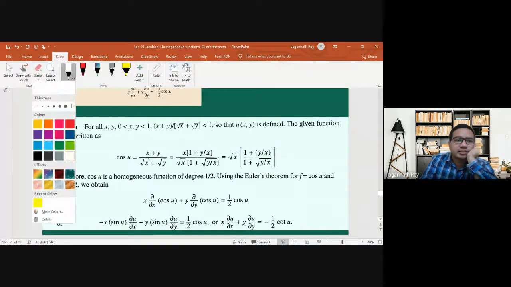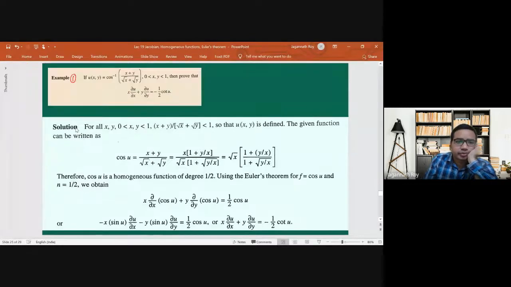We can write this function for all x, y with x, y greater than 0 and less than 1, in the open interval, where x plus y divided by root x plus root y is less than 1. This will be satisfied.